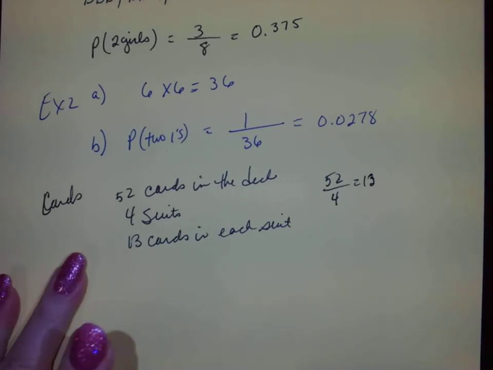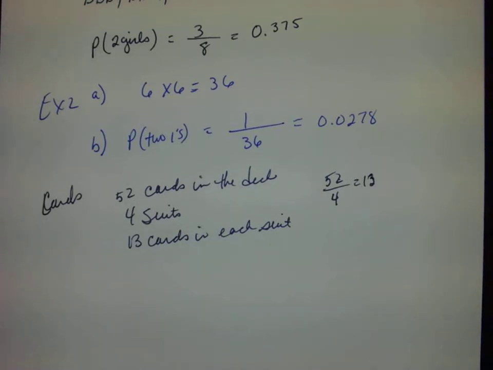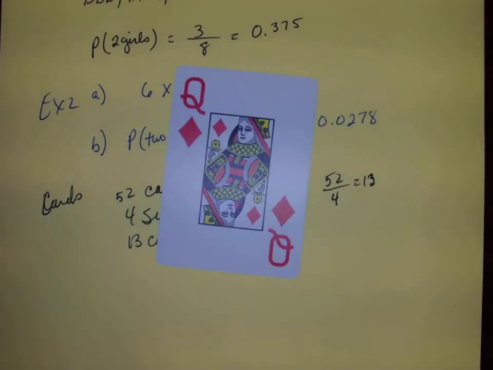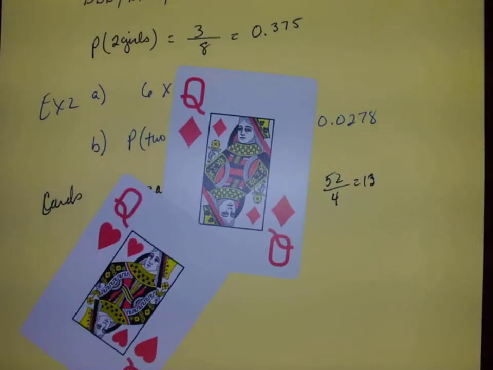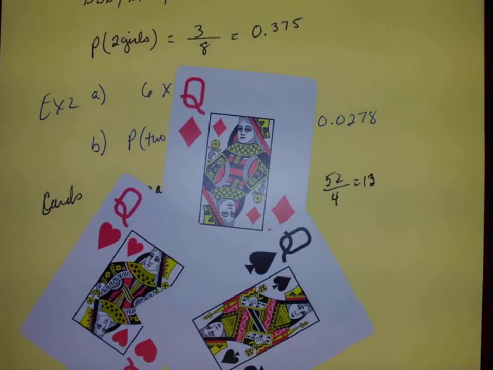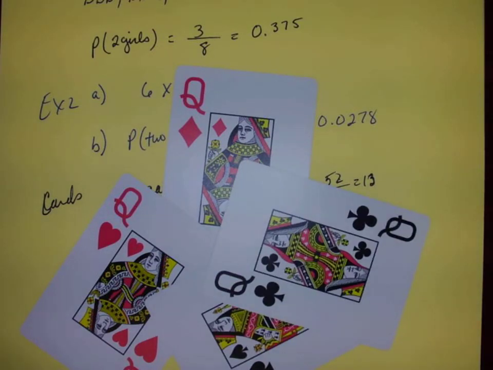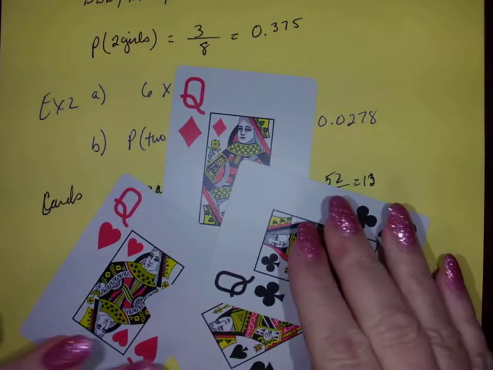And there's going to be the Jack, the Queen, and the King as far as face cards per suit. The other thing that you should note, let me see if I can find that real quick. Looks like queens are popping up here. When you're looking at, like, what's the probability of drawing something?